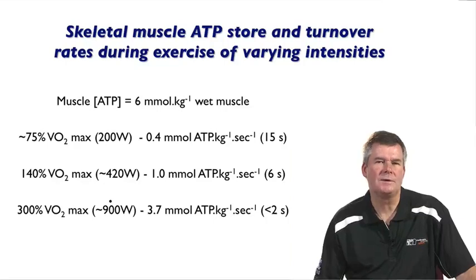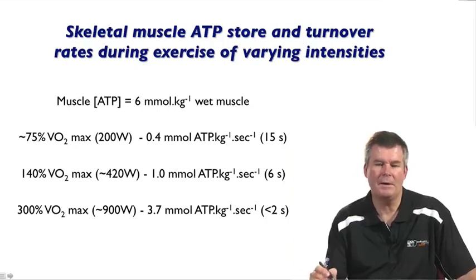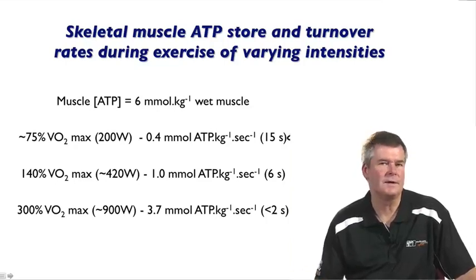The muscle ATP concentration is in the order of 5 to 6 millimole per kilo of wet muscle. If you're exercising at 75% of your VO2 max, reasonably moderate intense exercise, if you relied solely on the ATP within your muscle, you'd only be able to go for about 15 seconds.